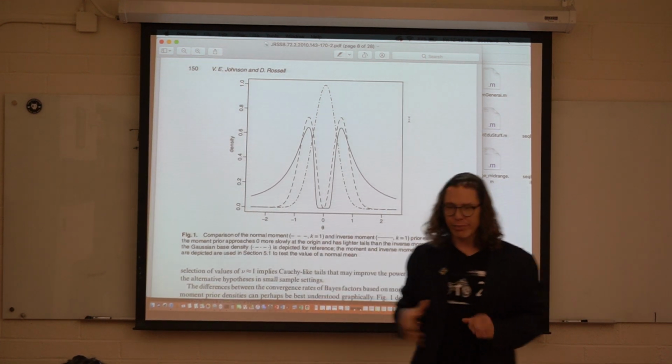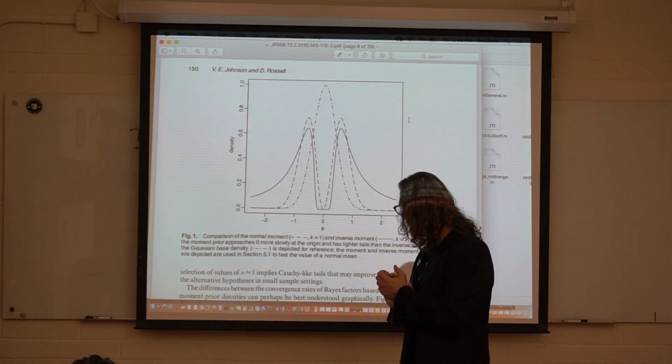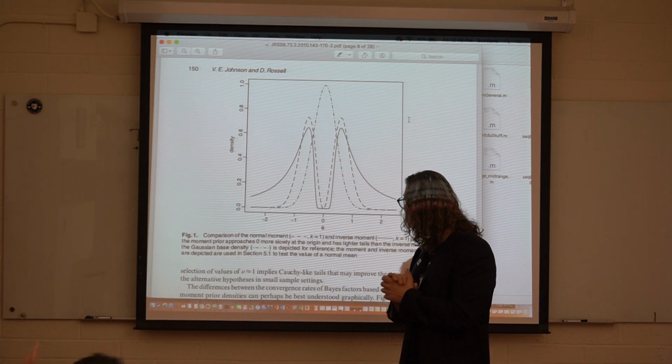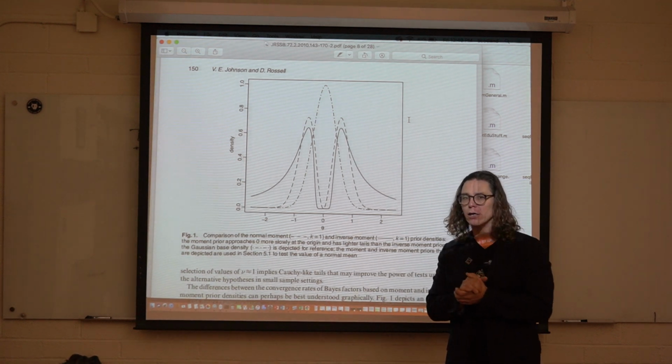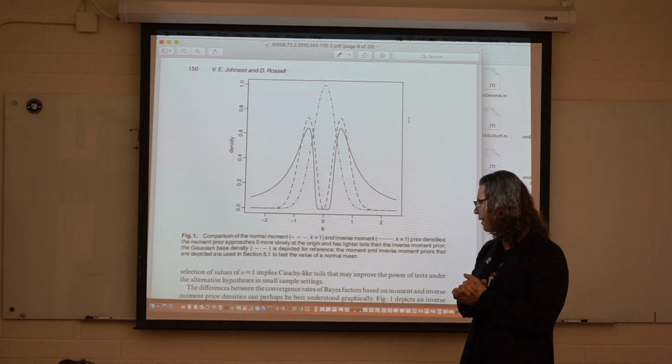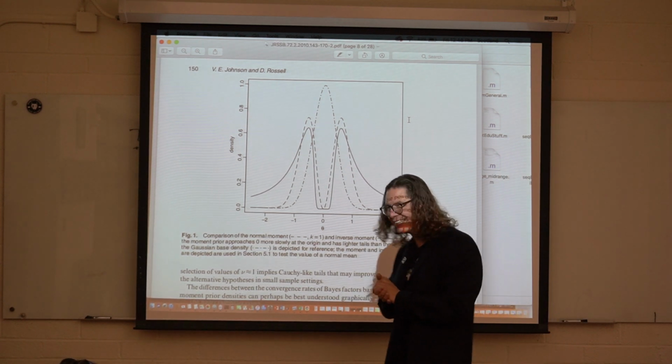So all the math that he shows in this paper, which I find to be incredibly fascinating, what he says is that if you use the normal prior, then as a function of the data size, n. So how big is n?